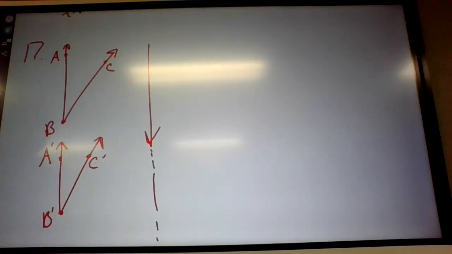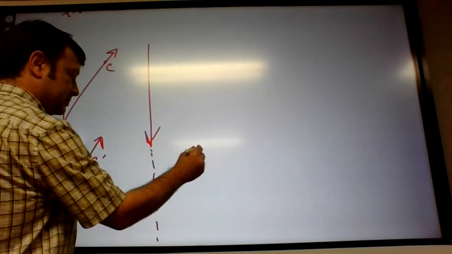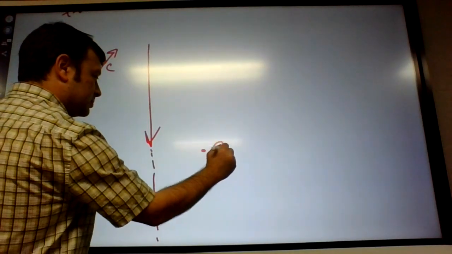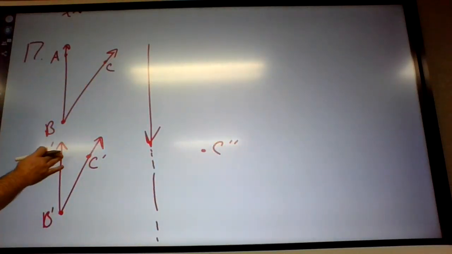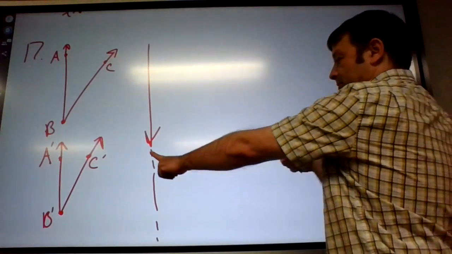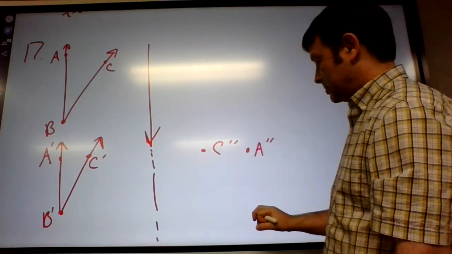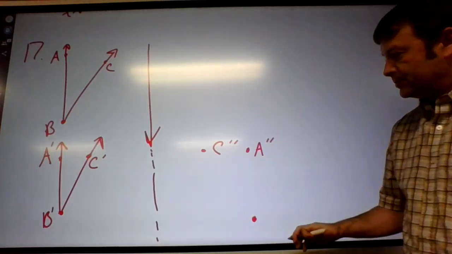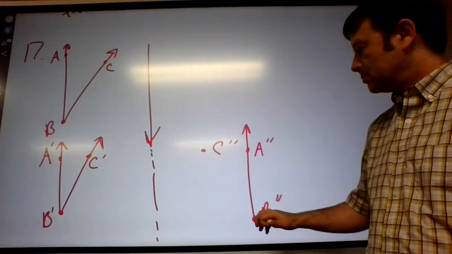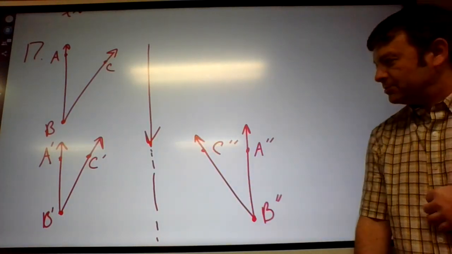Okay, then I'm going to reflect over that line. C is kind of close, so C double prime is right here. A and B are farther away, so A is going to go way over here, A double prime, and B is also kind of far away. Pretty close, not bad.